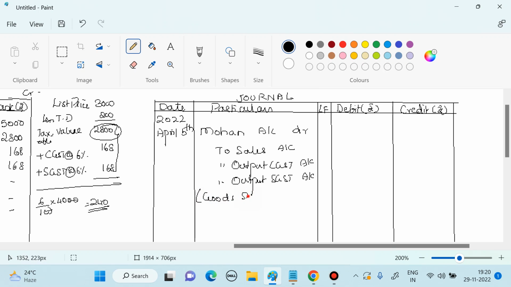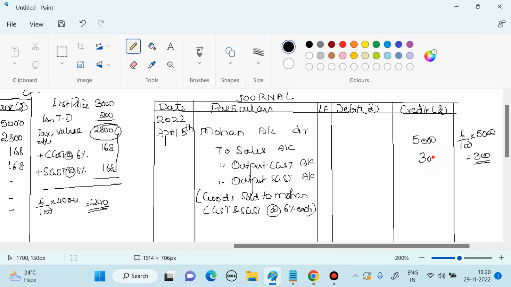Goods sold to Mohan, CGST and SGST at the rate of 6% each. So the amount of transaction was 5,000 of sales. So 6% of 5,000 will give us the GST of 300 rupees.